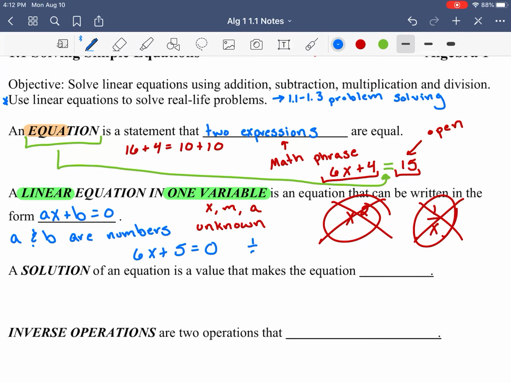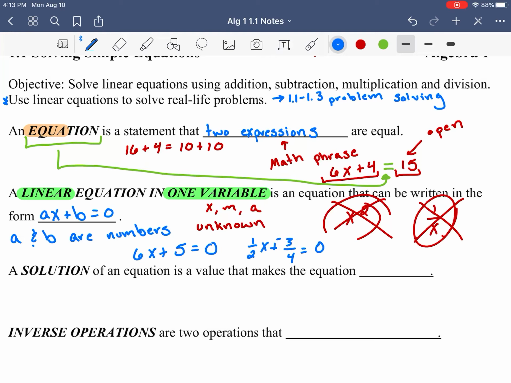Or even 1/2 x plus 3/4 equals negative 2/3 is linear. Equals 0, well, I could add that over, but we'll just go ahead and set it equal to 0 because that's how we stated it. One of these could be negative. It's all right. It's still a linear equation. The fact that you have just a straight up x with no exponent is what makes it linear.